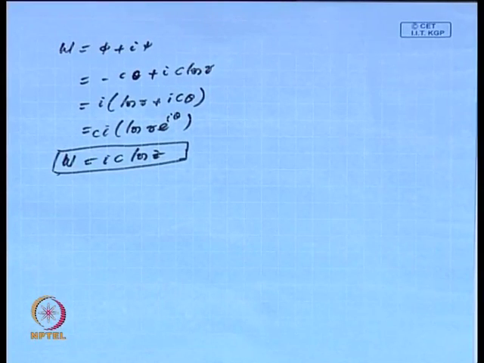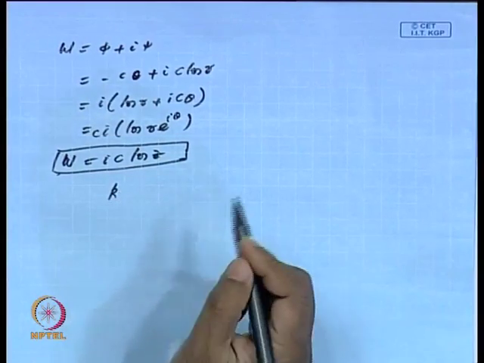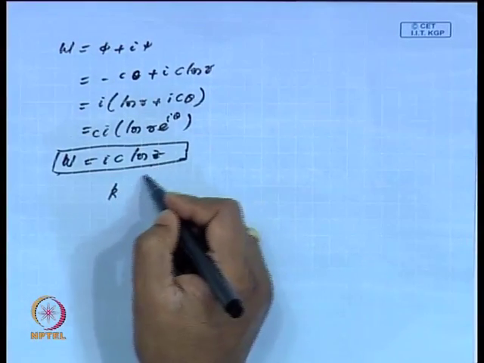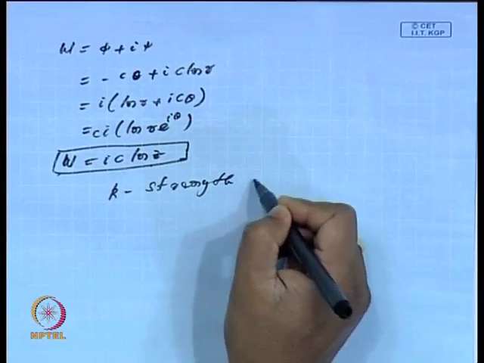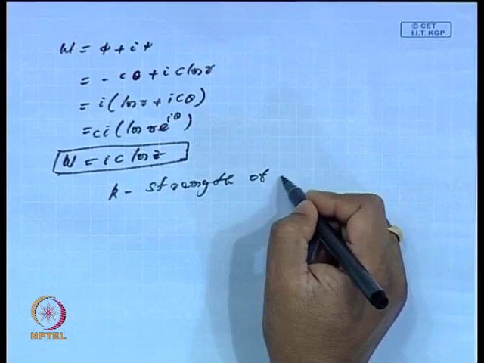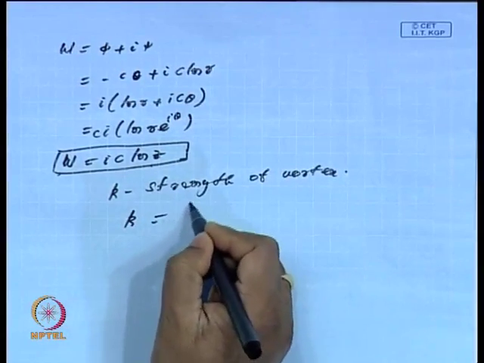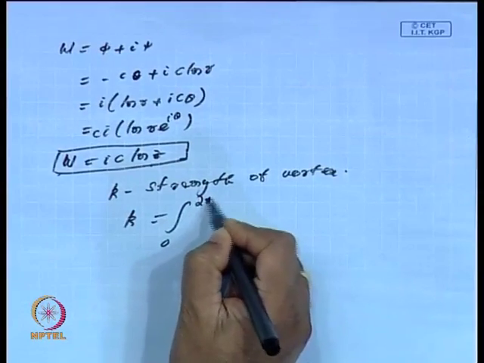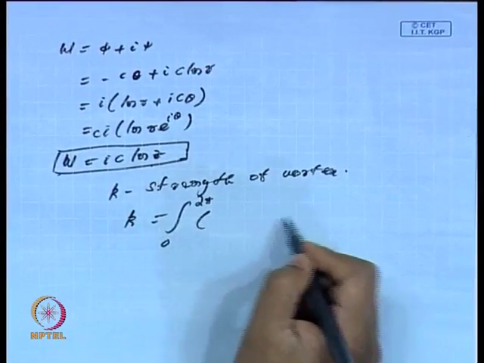Now, by the definition of the strength of the vortex, what will be my k? If k is the circulation, or the strength of the vortex, then k will be the integral from 0 to 2 pi of q dot dr, and here I am looking at a circle.